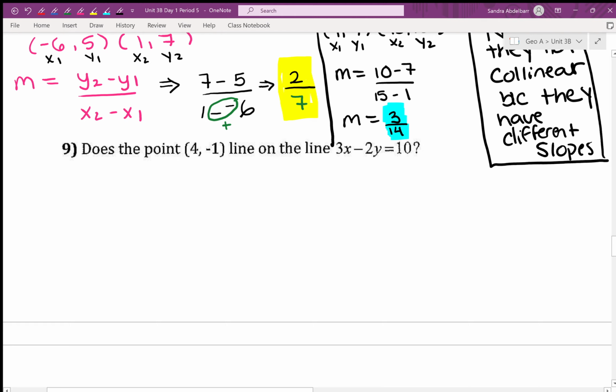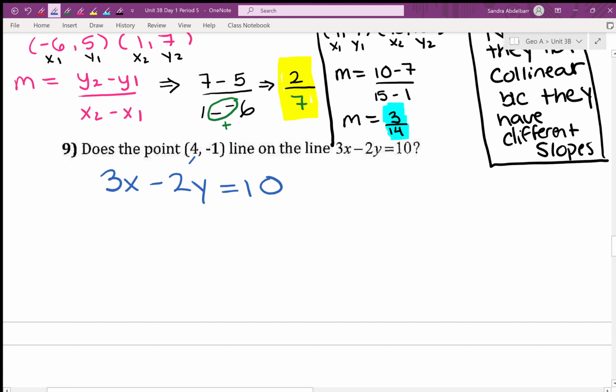So when I'm asking you right now, does this point lie on this line? What you want to do is plug in x and y, and if the equation holds true, then it is on the line. If the equation is not true, then it's not on the line. So let's go ahead and do this. We have 3x minus 2y equals 10.